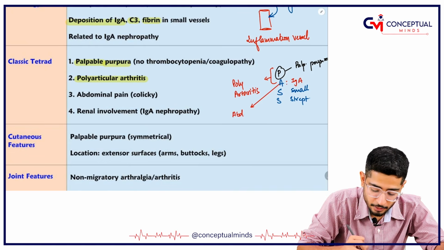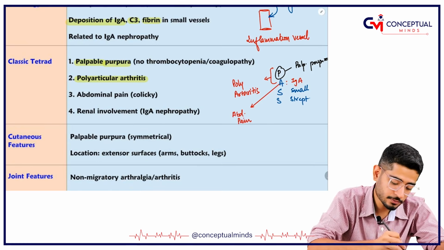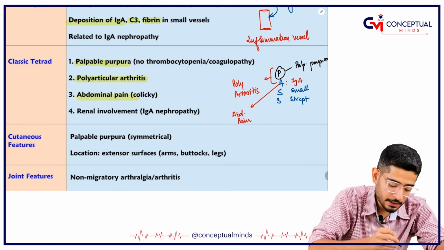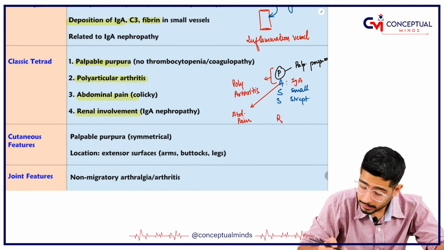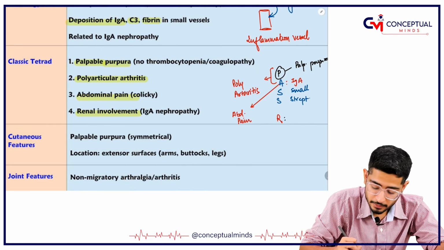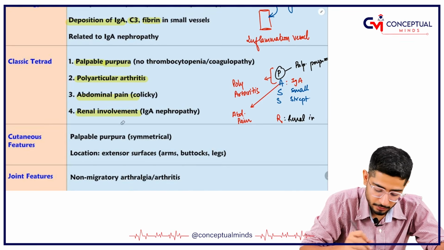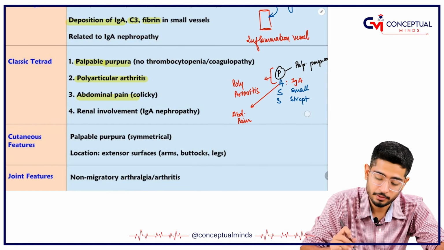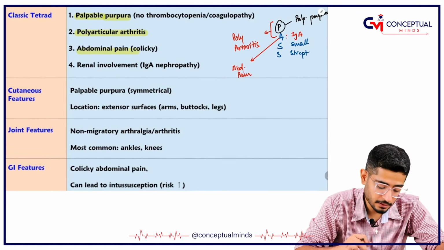The next A is abdominal pain, which is going to be a colicky pain. And R is the renal involvement. I have told you renal involvement already, that IgA is going to affect two things. One is going to be the renal involvement.